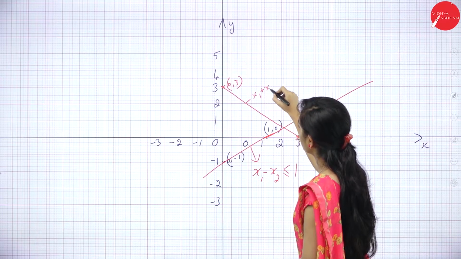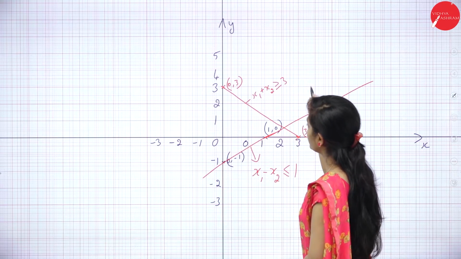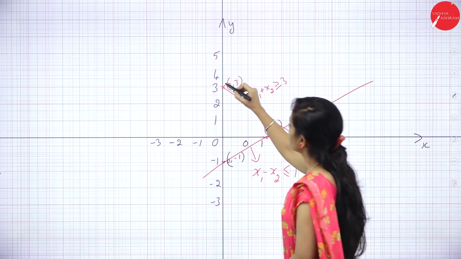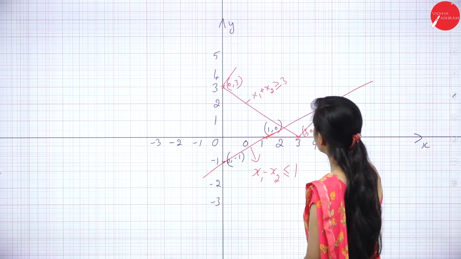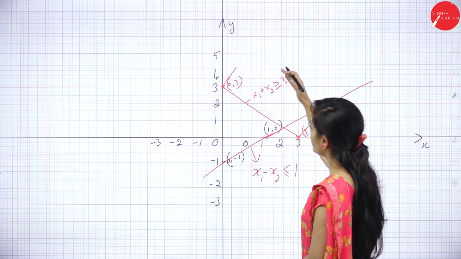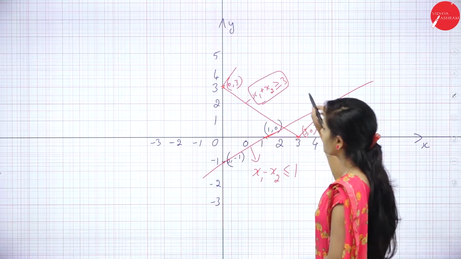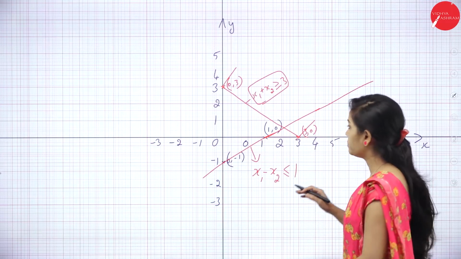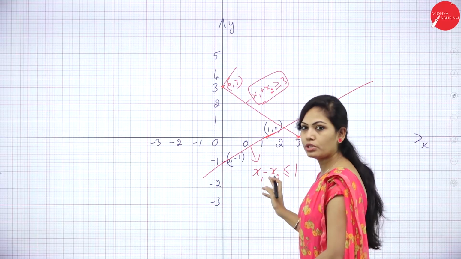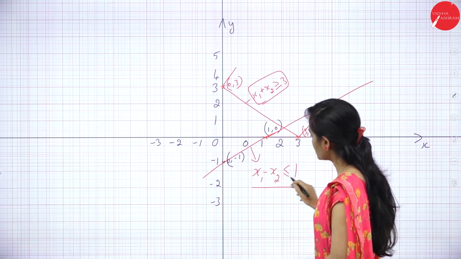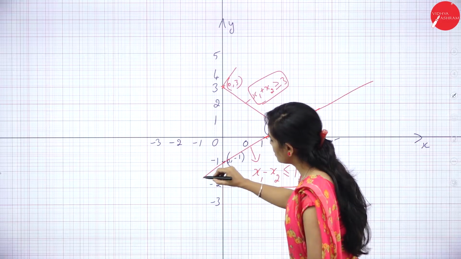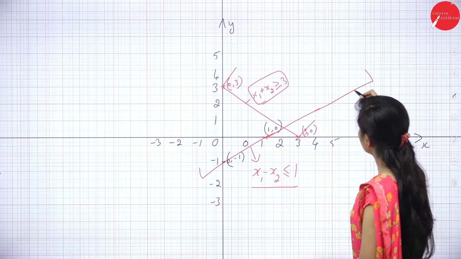and the second constraint is x1 plus x2 greater than or equal to 3. Greater than or equal to 3 means it is outside the region, opposite to the less than or equal to 3 region. The first constraint, x1 minus x2 less than or equal to 1, is below the constraint.